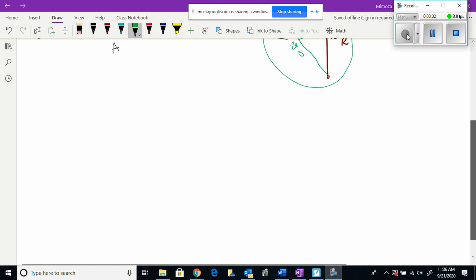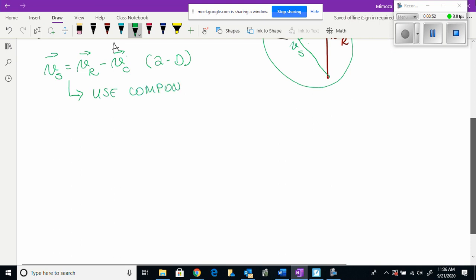Since we are dealing with vectors, and now we know that the velocity of the swimmer is the resultant velocity minus the velocity of the current, and we are dealing with 2D, then what we do is we use components. Every time that we have a 2D situation, the safest way to go is to use the components.